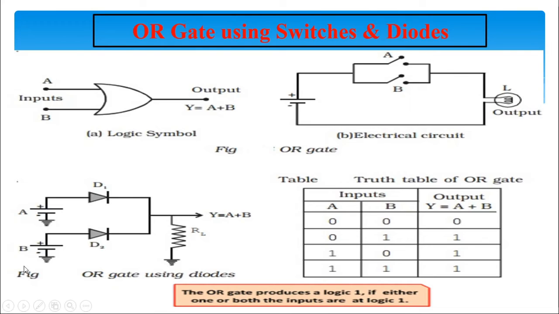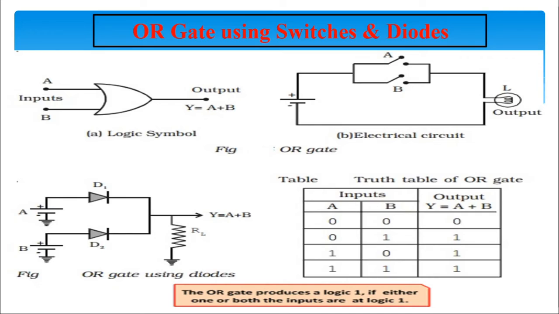When both A and B are at 0 level, that means A equal to 0 and B equal to 0, or A and B both are connected to ground or low level, the output voltage will be low because the diodes are in non-conducting state.